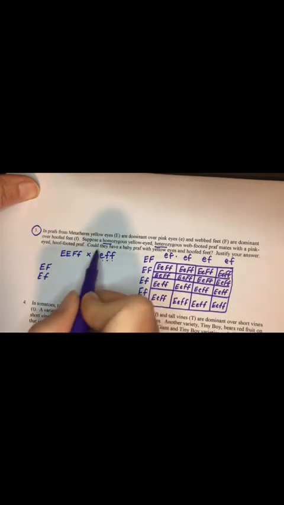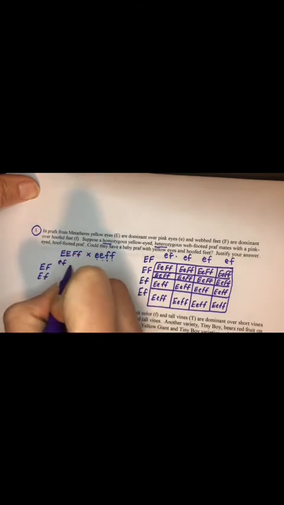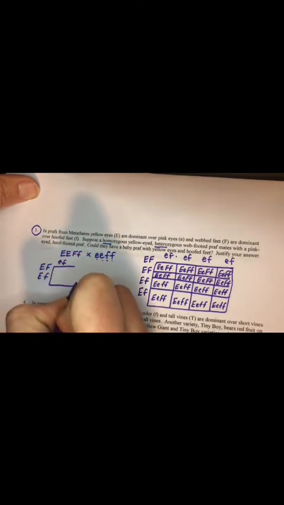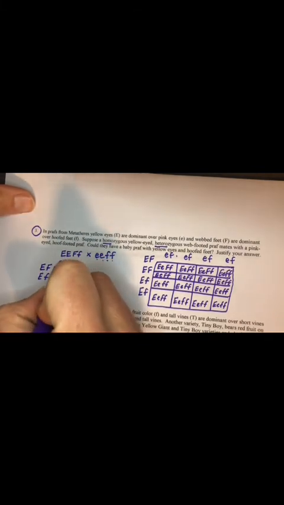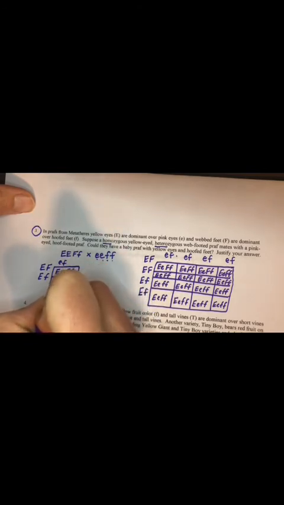Now looking at this parent, it has only little e's and only little f's. So the only choice for that one is little e, little f. So instead of doing that big old 16-box Punnett square, you can just do a 2-box Punnett square. Fill it in.